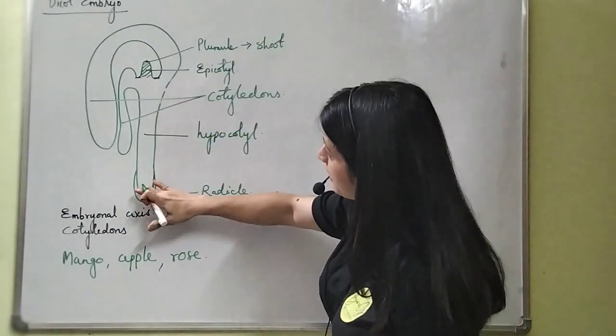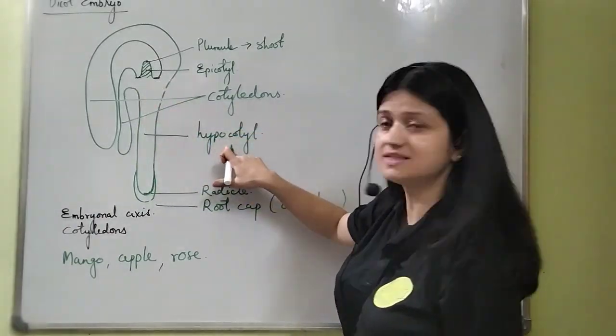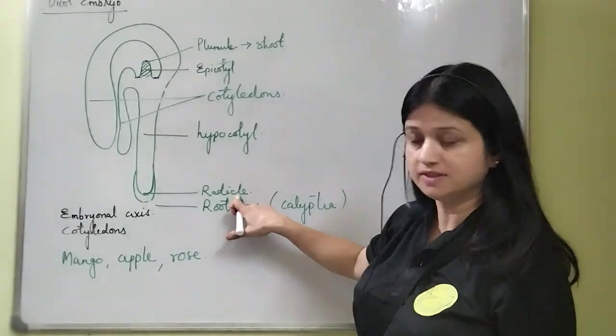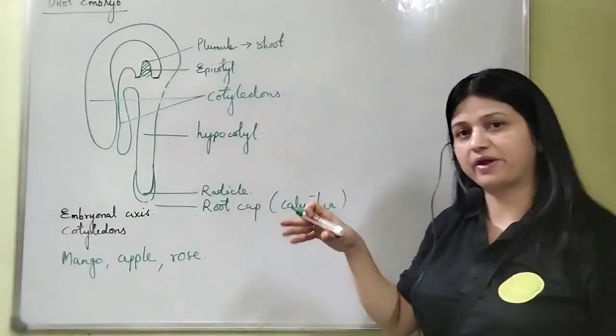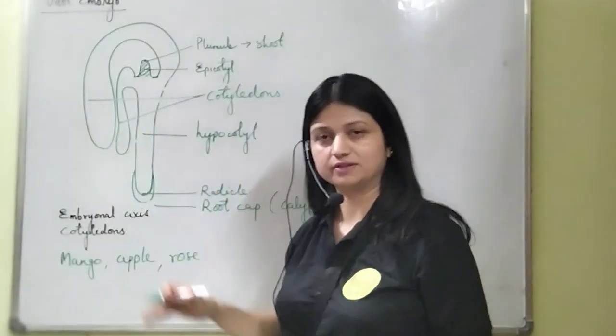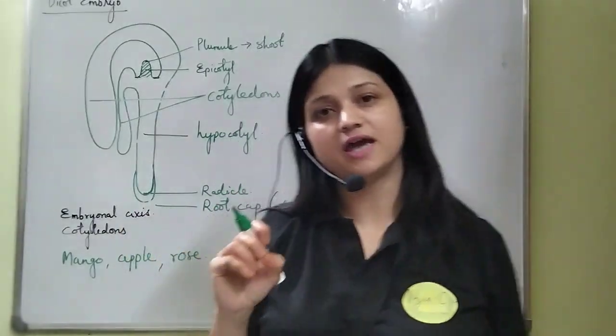The portion of the embryonal axis which is below the level of cotyledon, it will be called as hypocotyle. It terminates at radicle. It is covered by the root cap, that is calyptra, which provide its protection. Clear? And these are the two cotyledon. So this was the structure of a dicot embryo.